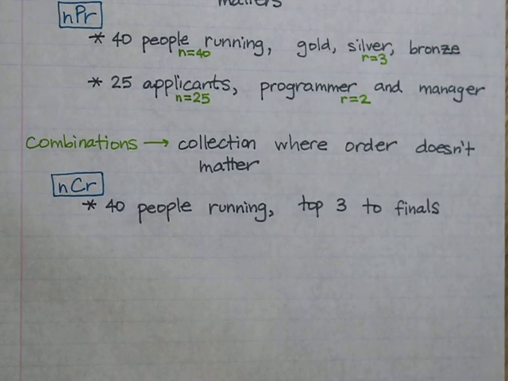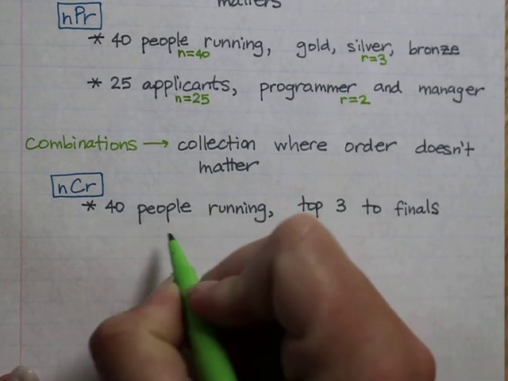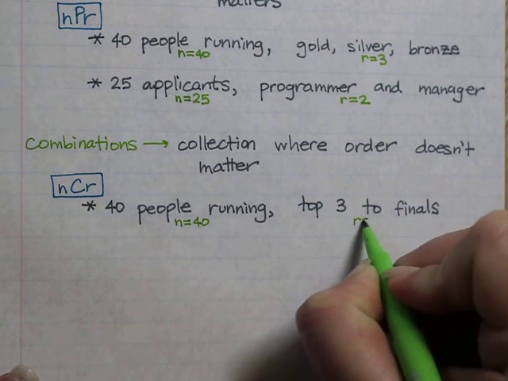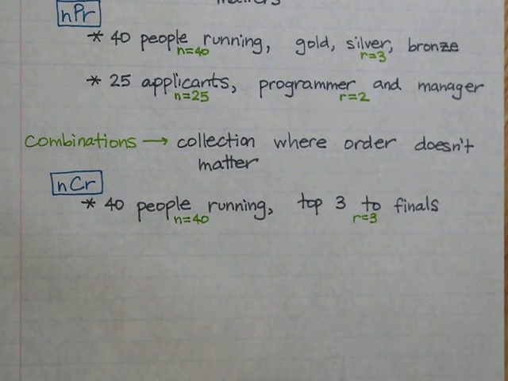But basically what we're saying here is the first 3 people to cross the finish line, no matter the order, no matter if you're first or you're third, you get to move on to finals. There's no specific order tied to it, just is what it is. So that's what changes it to a combination, is now it's like a group of people moving on to finals as opposed to getting a specific order. So the numbers are the same, but the outcome's different because now it's a combination. And our calculator can tell us the difference in the outcomes.